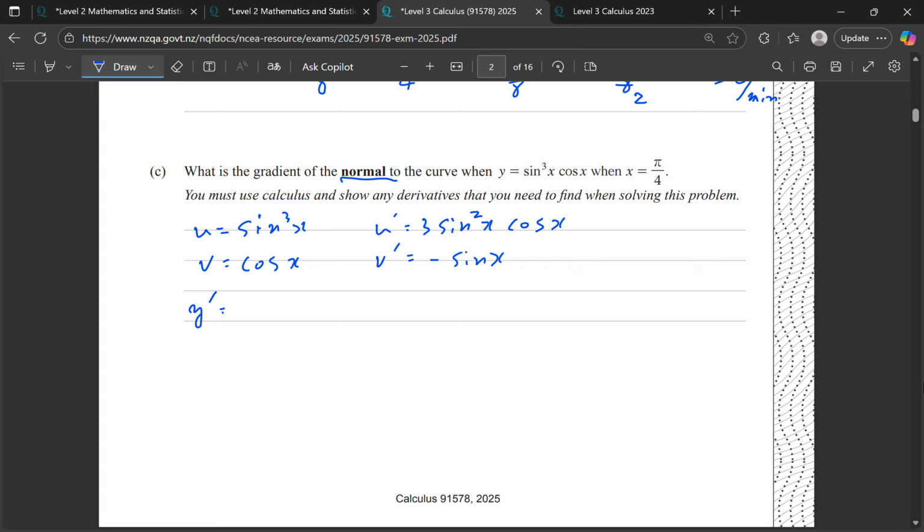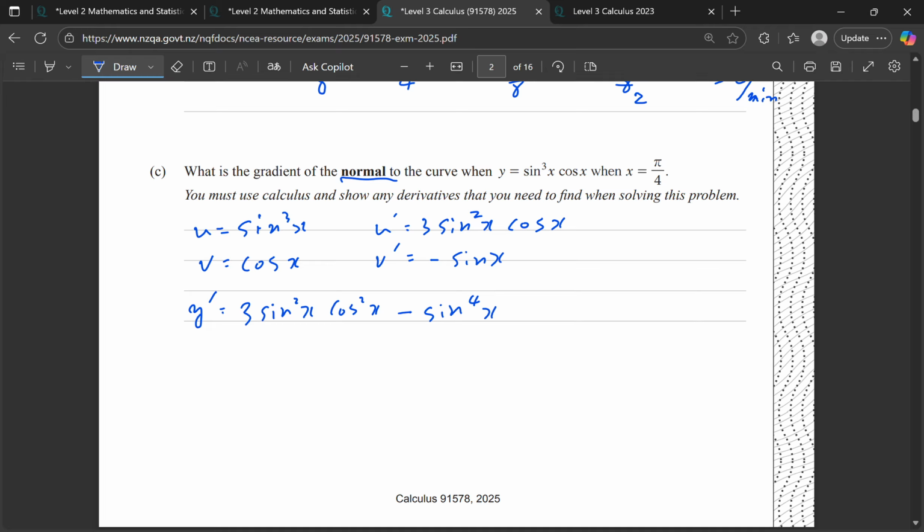Hence, y prime is v u prime, which is 3 sine squared x cosine squared x, plus u v prime, which is minus sine to the power of 4 x.